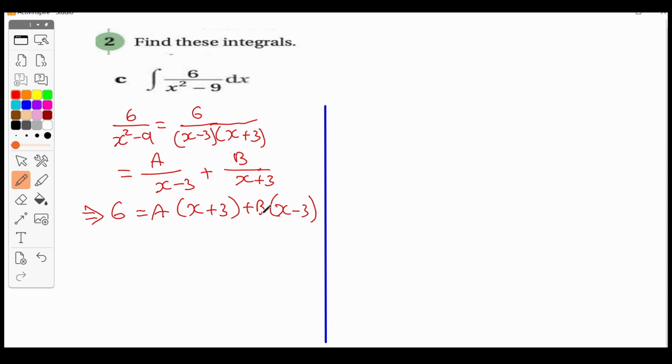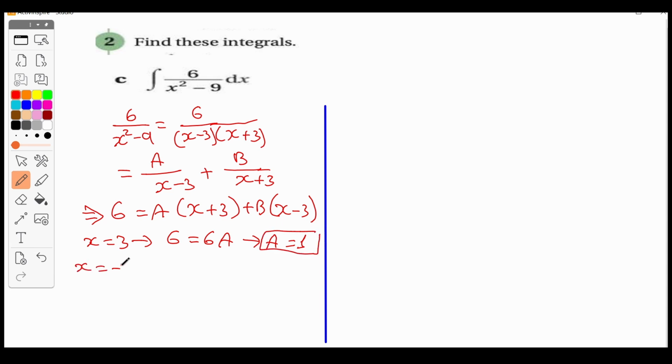But first, by putting x is 3. If we say x equals 3, so 6 equals 3 plus 3, 6a. This one will be 0, 3 minus 3 is 0, times b, 0. So by dividing by 6 both sides, a equals 1.